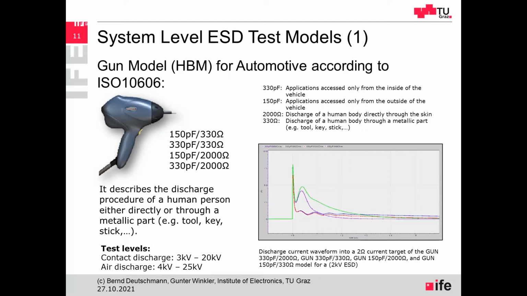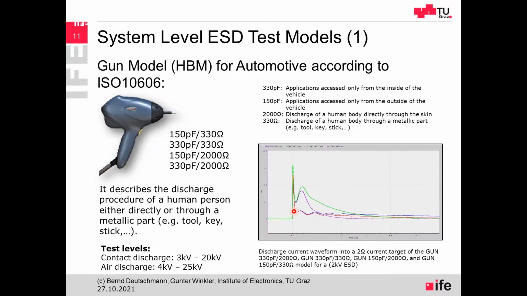And very often we are using an ESD gun to check how robust a whole electronic system is against electrostatic discharges. There are different standards, and an important one from the automotive area is according to the ISO, International Standardization Organization, 10606, which is also defining this human person model for electrostatic discharges when a human person is touching an electronic system within the car.